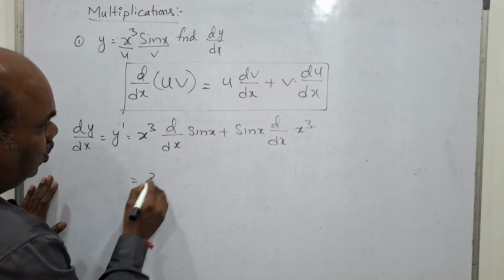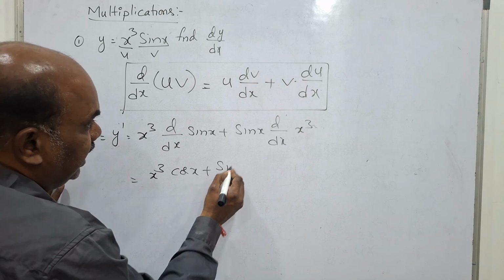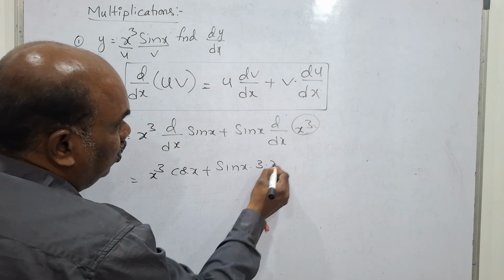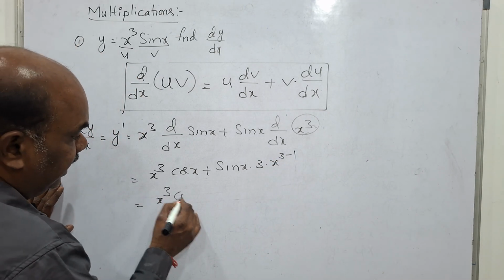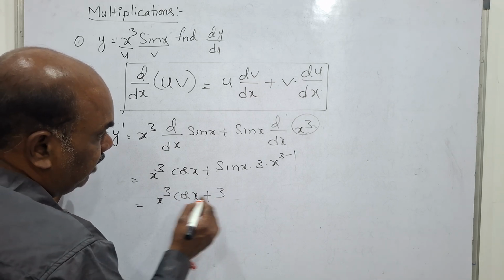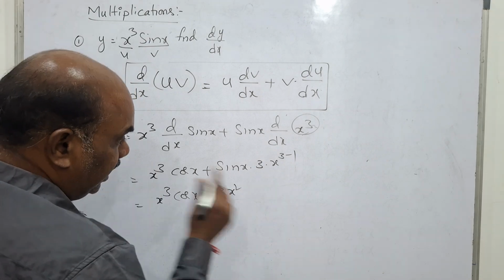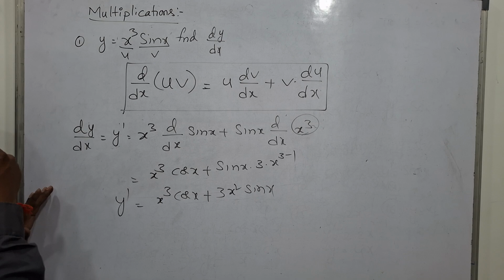So x cube cos x plus sin x into 3x square, using x power n, n into x power n minus 1. This is the differentiation.